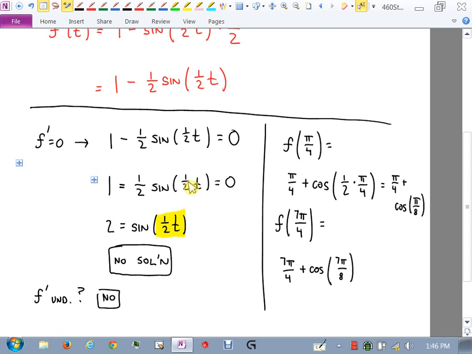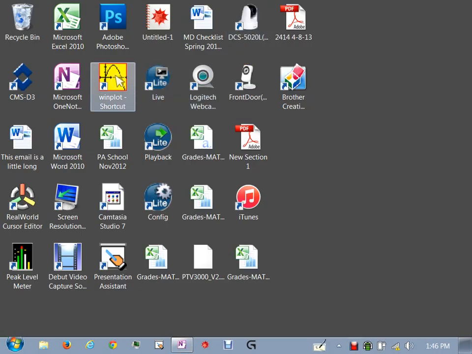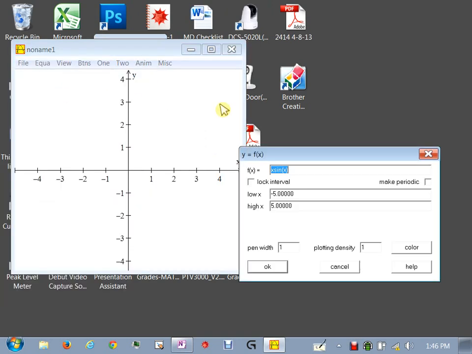One of those is bigger and one of them is smaller. So I'm going to verify with a visual. It was t plus cosine of 1/2 of t, right? T plus cosine 1/2 t. But the interval was what?